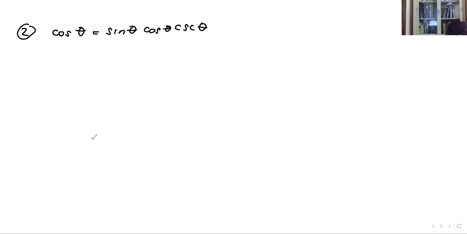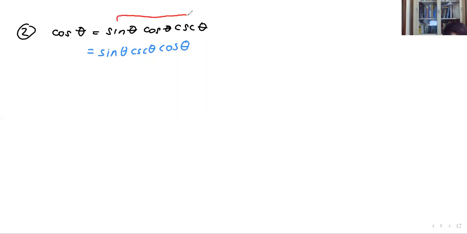Now this is much easier than the previous question, but we'll still do it. By using the commutative property of multiplication, we can rearrange them. So I'll just rearrange this: sine theta times cosecant theta times cosine theta.